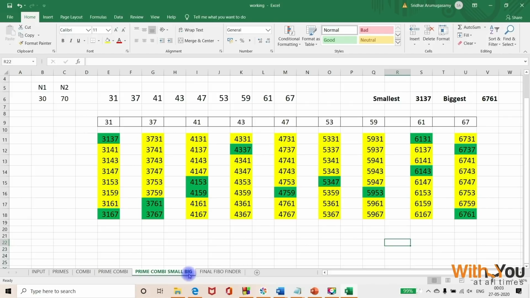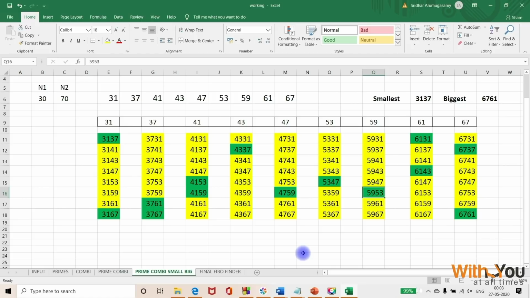How many of them are there? We did not count. Let's count it. 1, 2, 3, 4, 5, 6, 7, 8, 9, 10, 12 and 14. So I need to find out the 14th Fibonacci number with the smallest, that is 3137, as the first number and 6761 as the second number.